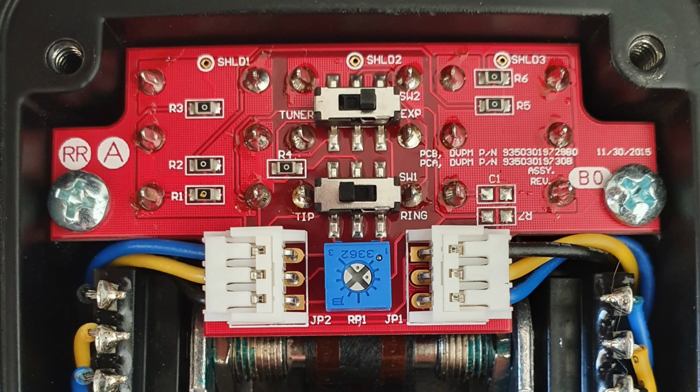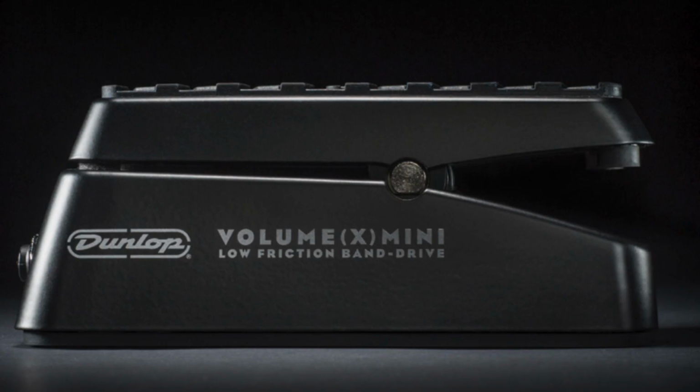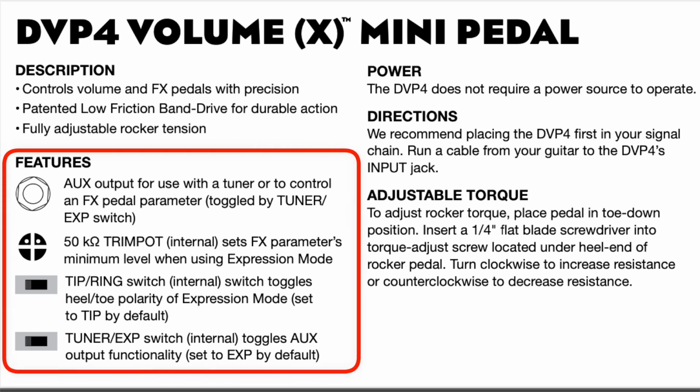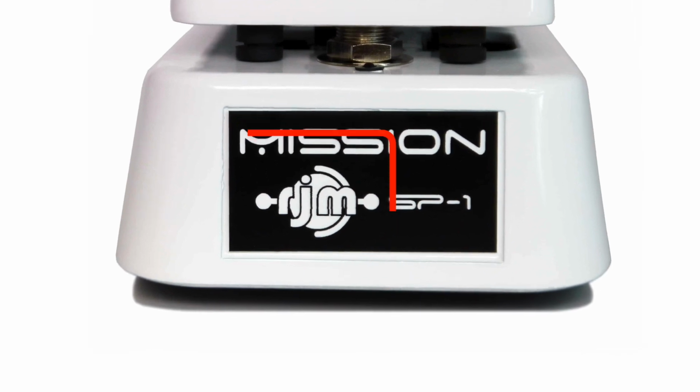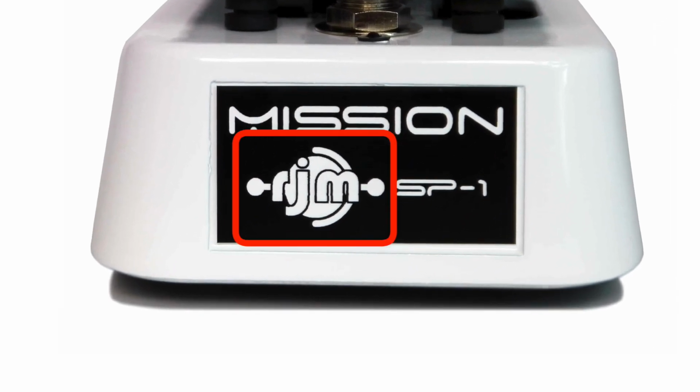Also, watch out for any internal dip switches or extra potentiometers. Some expression pedals use them to reverse the direction of the sweep or adjust the pedal's response curve. Double check to make sure the expression pedal is not designed for a specific device rather than being universal.